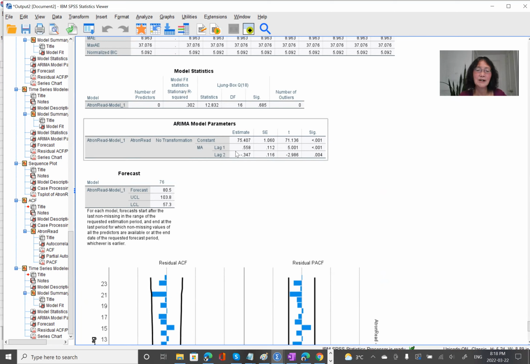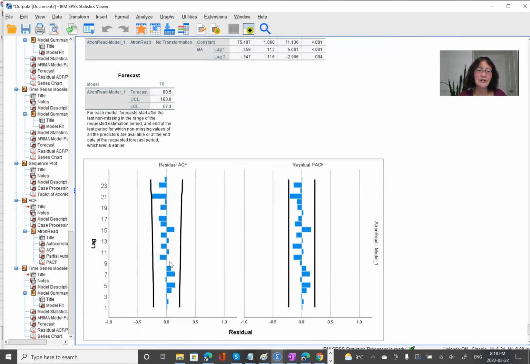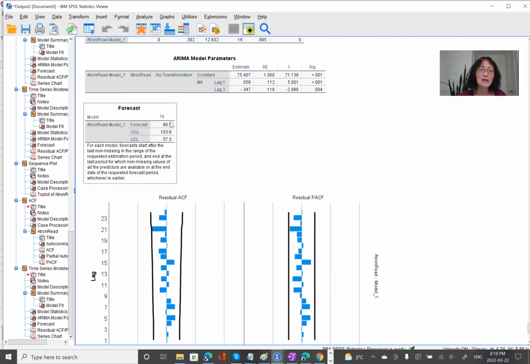Based on these 3 numbers, we can write down an equation or model. And then the residual autocorrelation as well as the partial autocorrelation are very good. They're both within the limit. Okay, and then our forecasted value for 76 is 80.